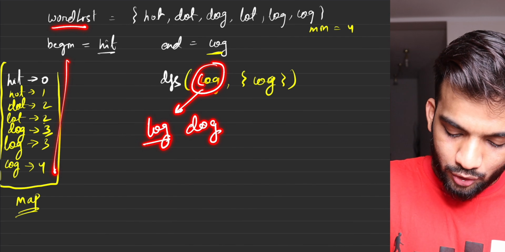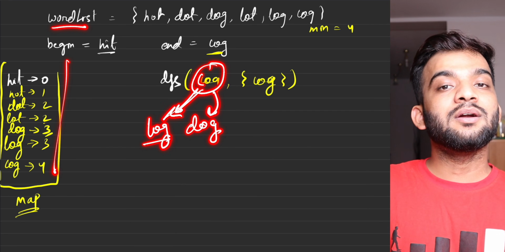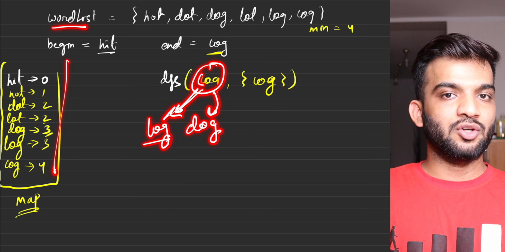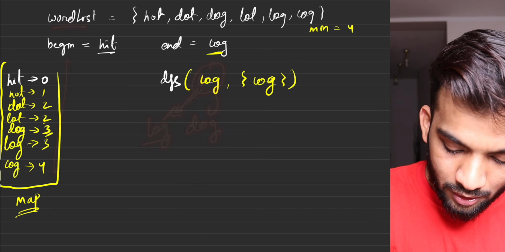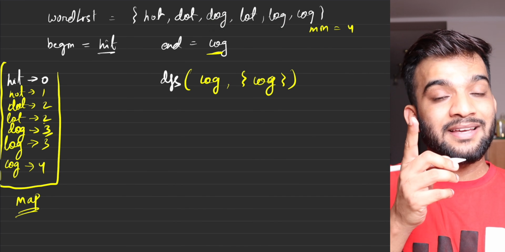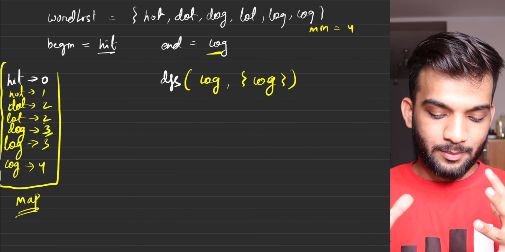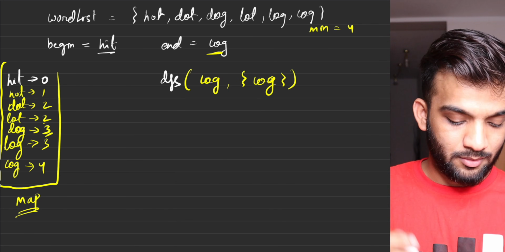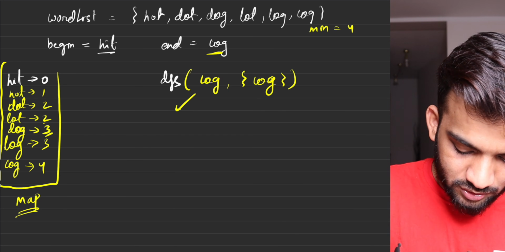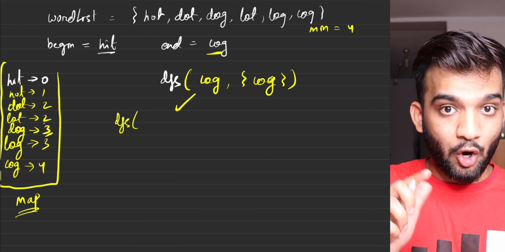I can convert cog to log or dog. Do you agree with this or not? You do, right? So log and dog. We probably can convert it into something else, but we will only have 2 options.